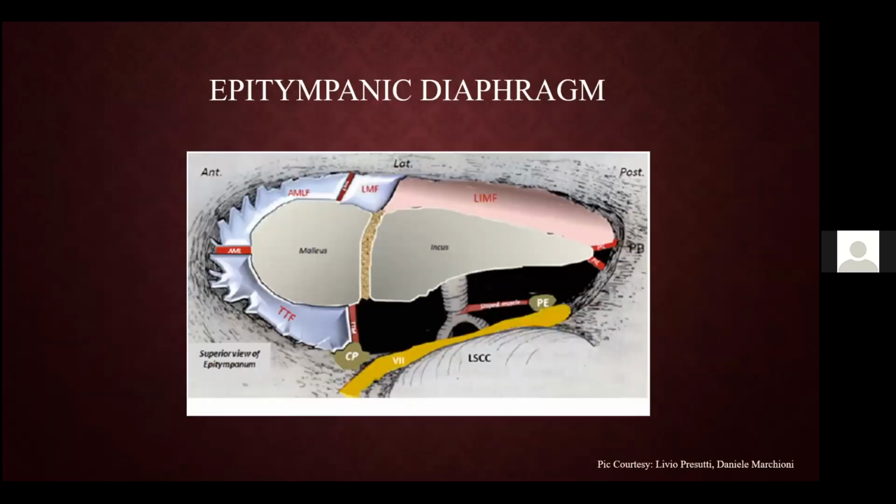Okay. So this is a picture of the superior view of the right middle ear, which we are seeing. This is the anterior aspect, this is the posterior, the lateral, and the medial aspect. And in this, we are trying to show the epitympanic diaphragm.